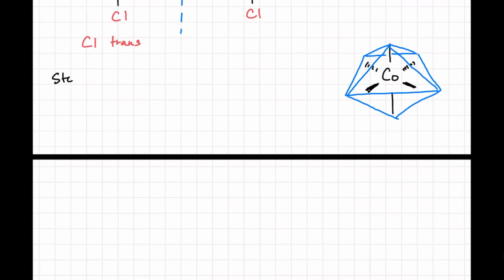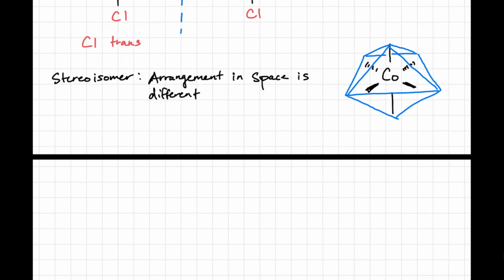So again, stereoisomer, the arrangement in space is different, but the same formula. And the connectivity is the same.